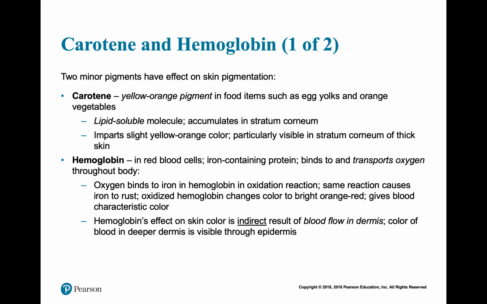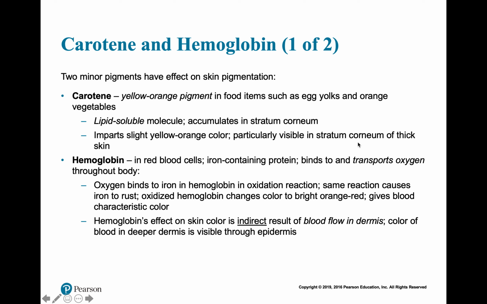Well, if the cells of the epidermis are coated in a lipid substance, then a lipid molecule would be able to penetrate it, because like dissolves like, right? So a lipid substance will dissolve a lipid-soluble molecule. And so that carotene will accumulate in the stratum corneum, and it imparts a slightly yellow-orange color.